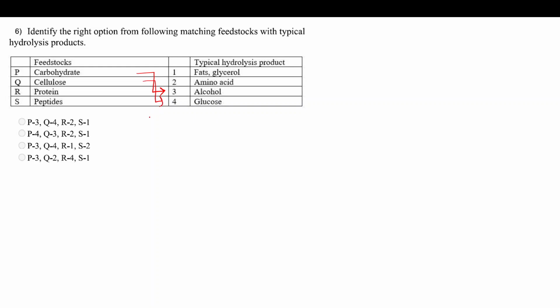Then proteins will give you amino acids. Fats give fatty acids and glycerol, and peptides will give you amino acids. So P3, Q4, R2 and S1 is the correct answer.